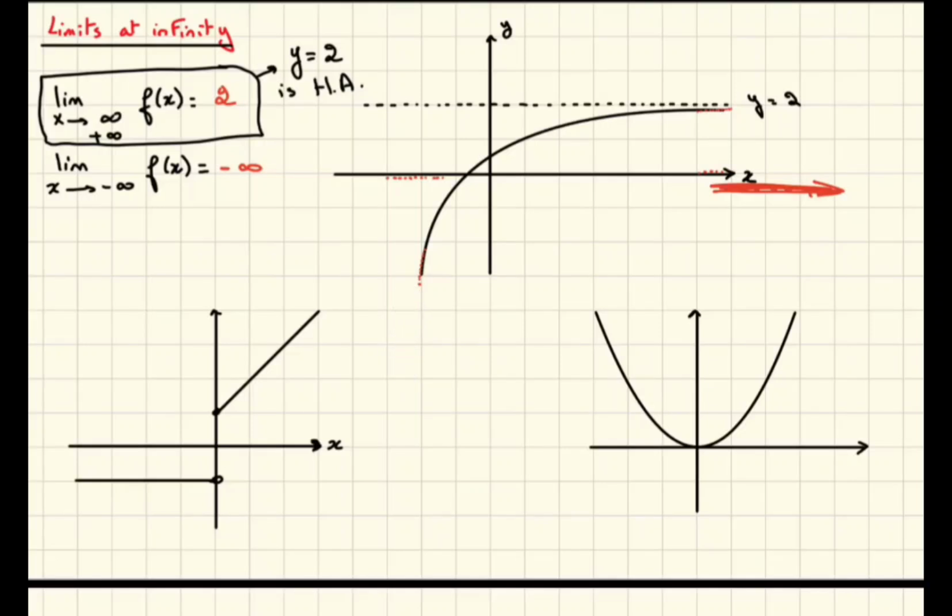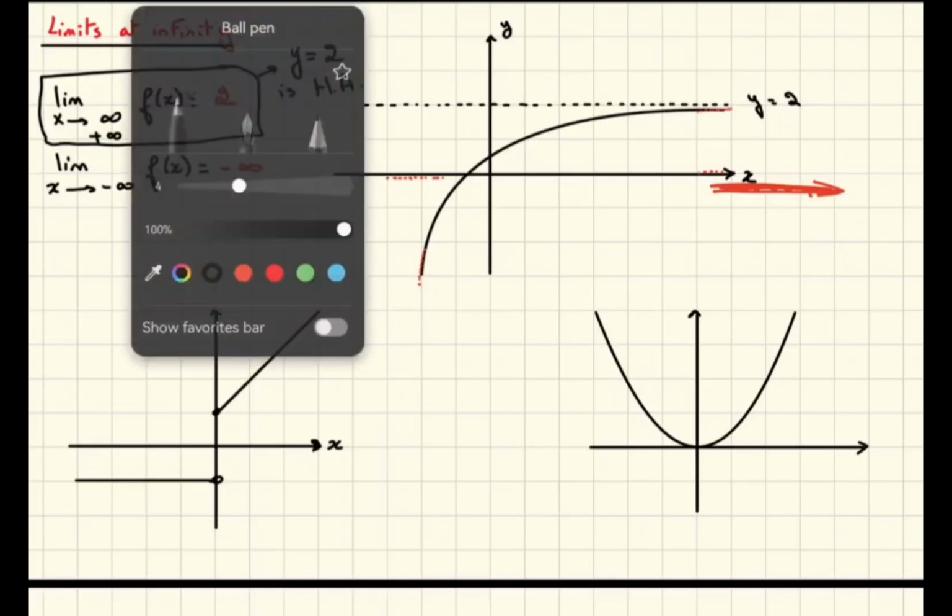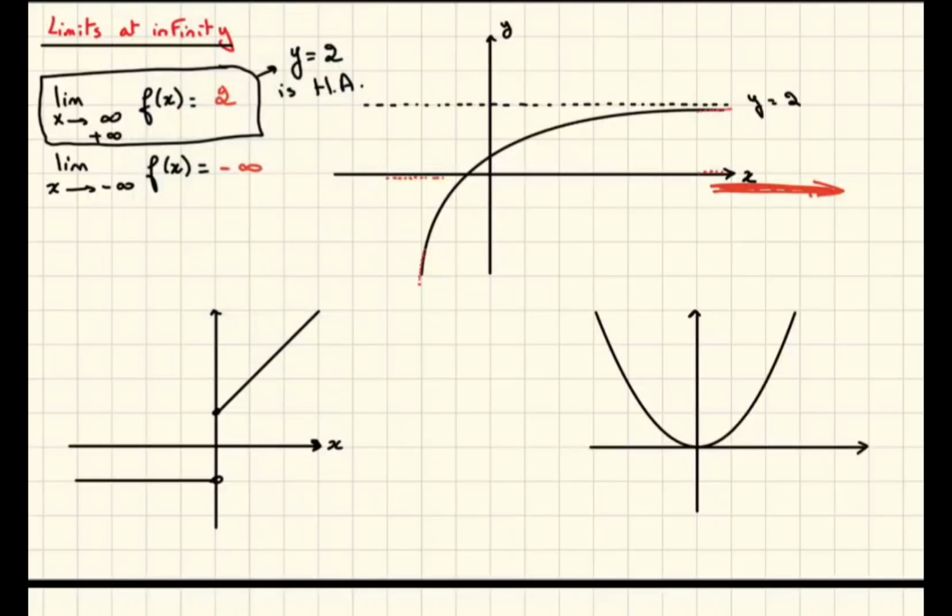Now let's check the other figure. What's happening when x increases? As x is getting bigger and bigger, I can see the points are getting bigger and bigger and they don't stop somewhere, so I can keep going. If I take more points here, I can keep going like this. So it doesn't have a bound, it doesn't stop somewhere.